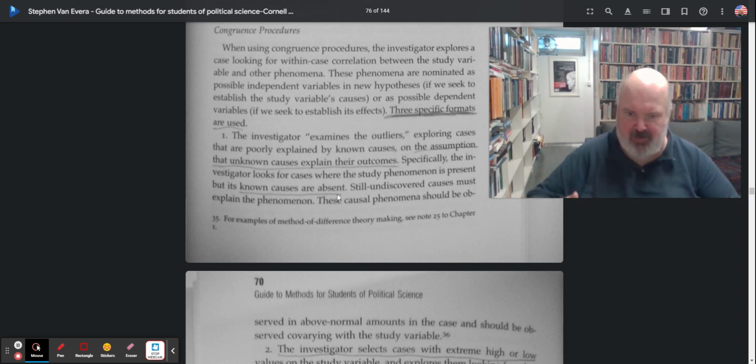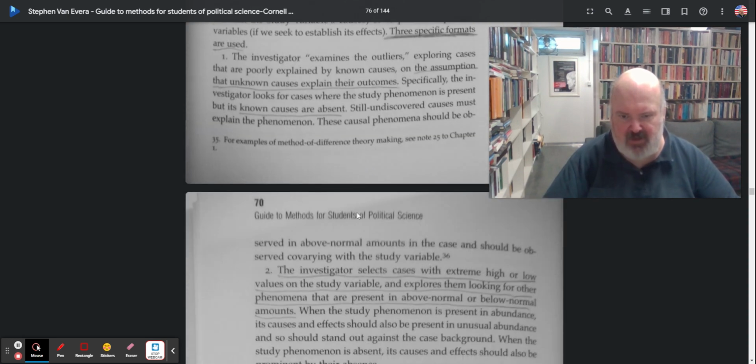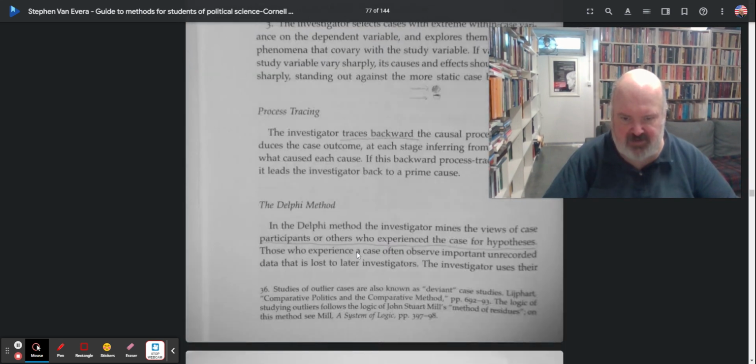You have a phenomenon, but what causes it is not known. Still undiscovered causes must explain the phenomenon. These causal phenomena should be observed in above normal amounts in the case, and should covary with the study variable.